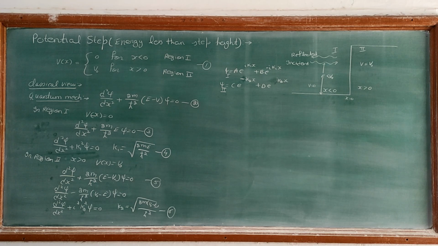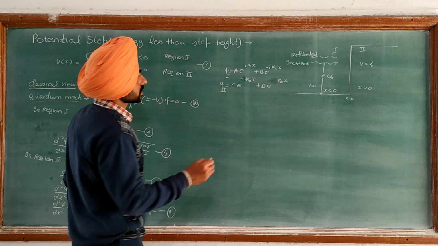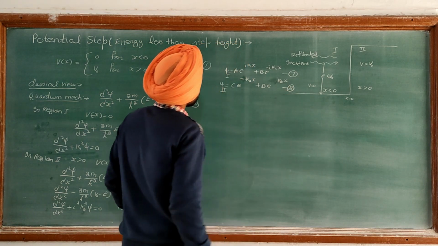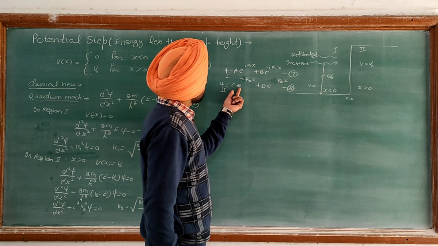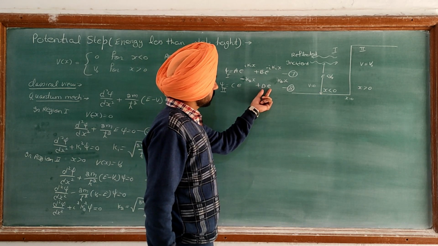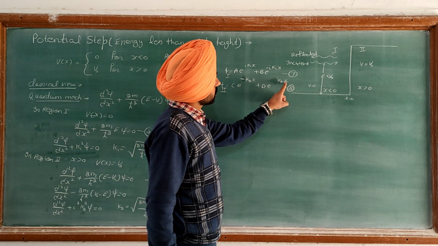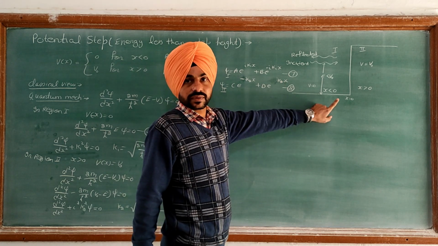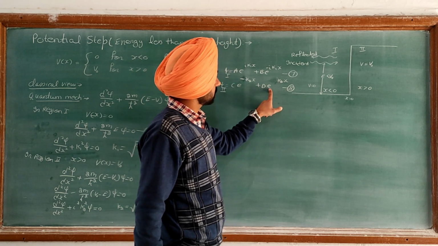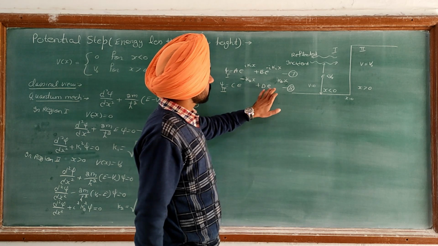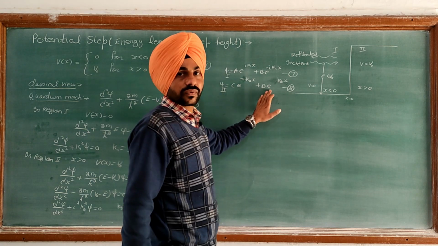Now in equations 7 and 8, in equation 8, this term is the reflected wave, and in this term, as the particle moves along the positive direction of the x-axis, this term increases. That means as x approaches infinity, this term is infinite and psi 2 is infinite.